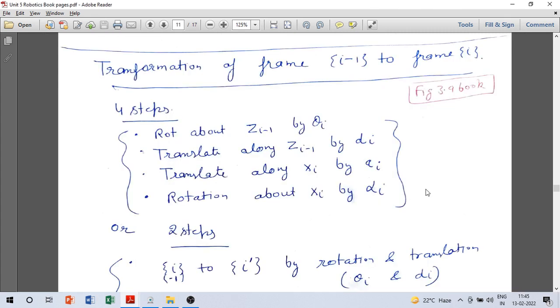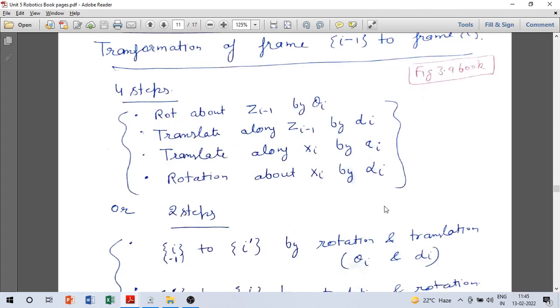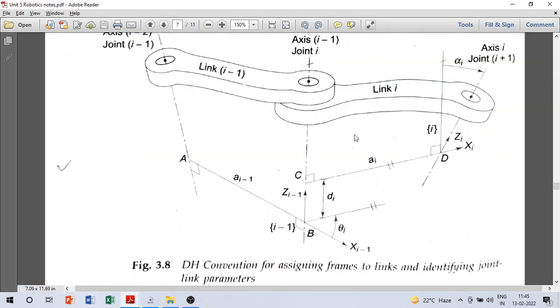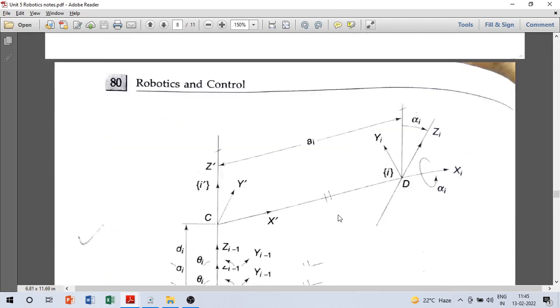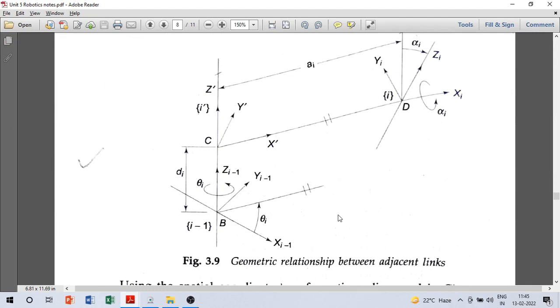So let us look at that. We can think of this transformation in 4 steps or in 2 steps. If you want to look at it in 4 steps, in going from i minus 1 to i, there is a rotation by angle theta i about zi minus 1. Let us go to another figure here. Yes, this figure describes that.